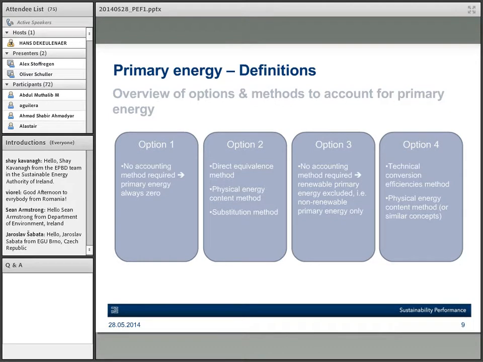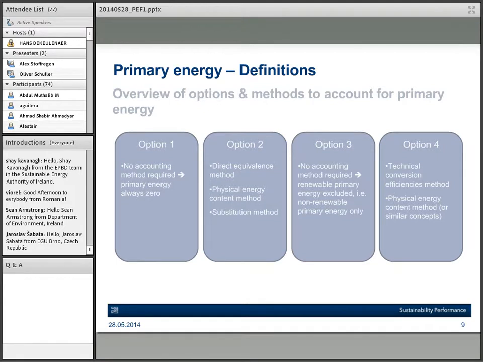And for option 3, there's also no accounting method required for the conversion itself, because for the renewables there's no primary energy accounted, so no renewable energy accounted. So it's a little bit similar to option 1, but we have the infrastructure included, so we would need primary energy factors from a life cycle database.